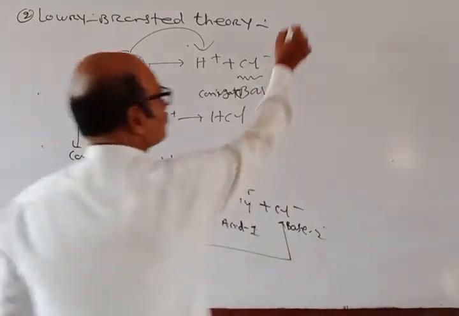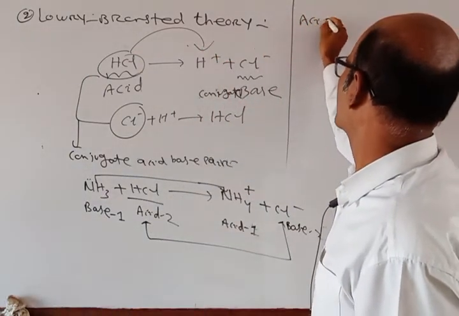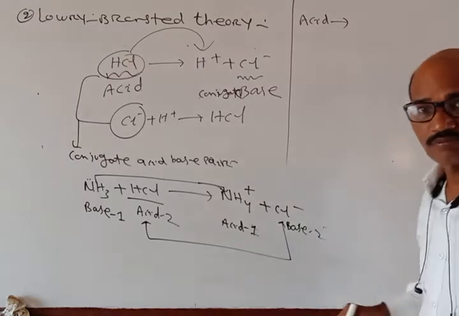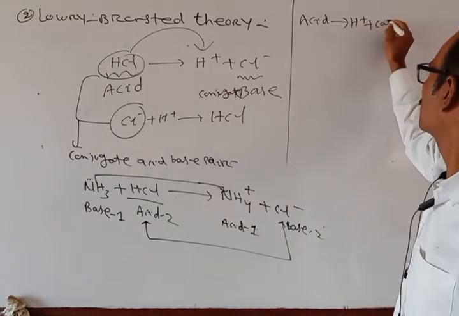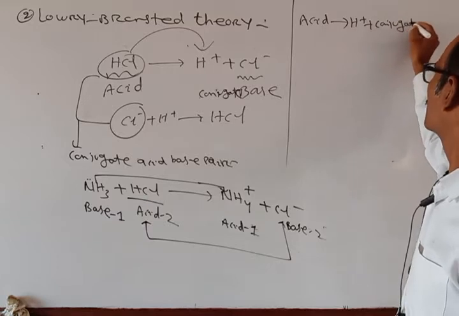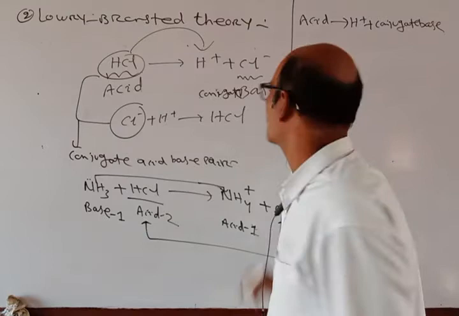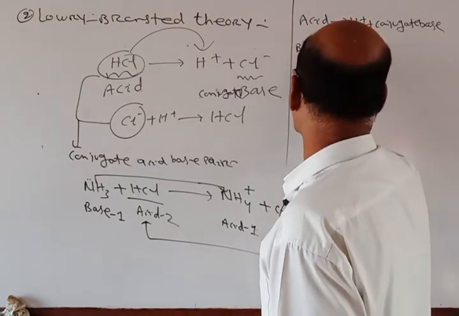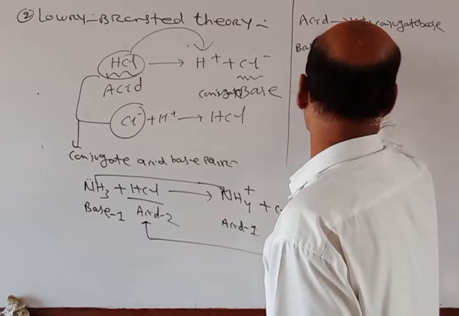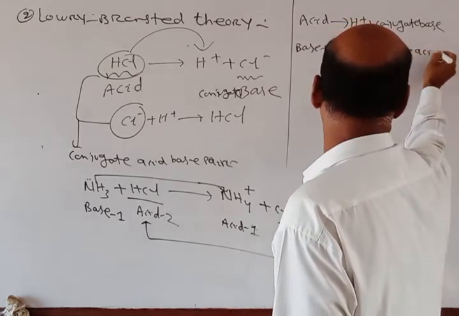So what is the rule? An acid will give you H plus plus its conjugate base, and a base plus H plus gives the conjugate acid.